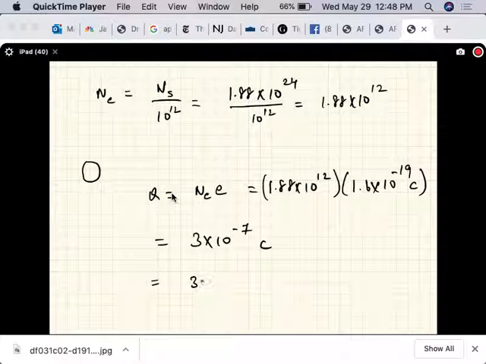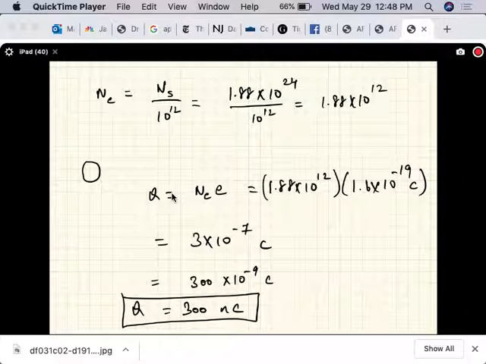And we'll get 300 times 10 to the minus 9 coulomb, 300 nanocoulomb. So this sulfur particle has 300 nanocoulombs.